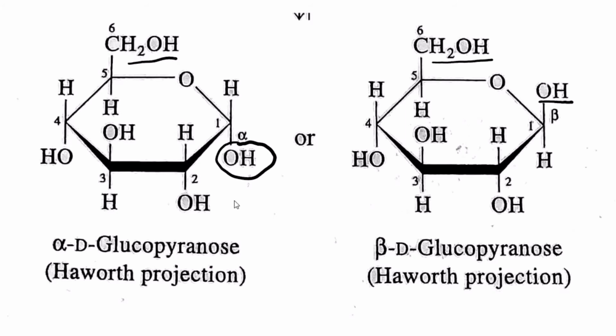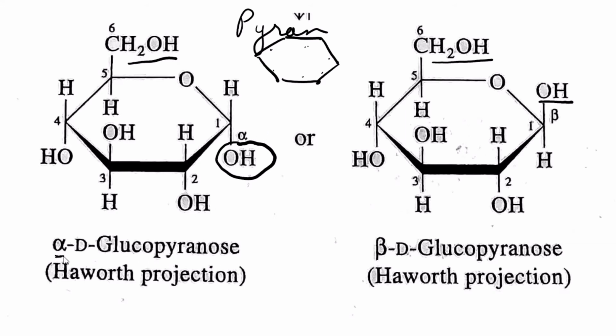The ring structure of glucose is so called because this 6-sided structure resembles pyran, which is a heterocyclic compound composed of 6 sides: 1, 2, 3, 4, 5, 6. Hence the name glucopyranose.